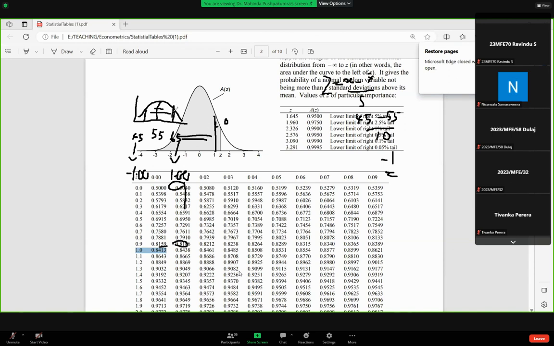That means if you take our example, it gives the probability related to this area, let's say A, and this area, let's say B. So 0.8413 means A plus B. A plus B is equal to 0.8413. Is it clear?